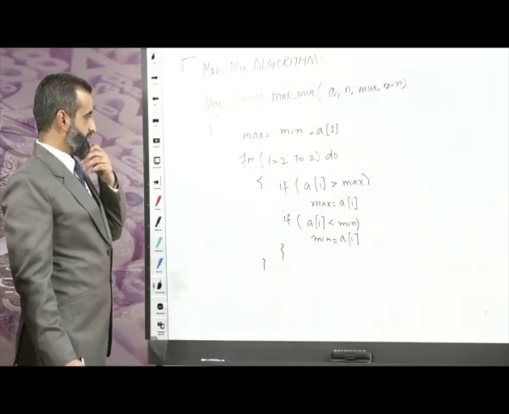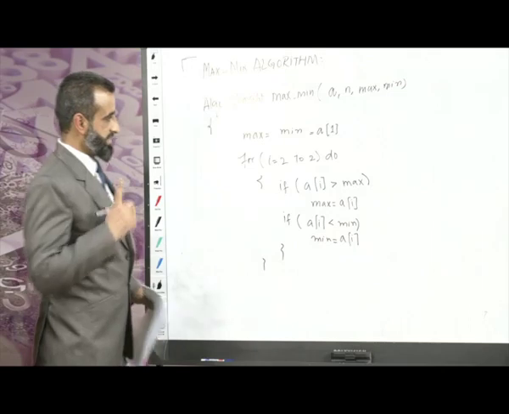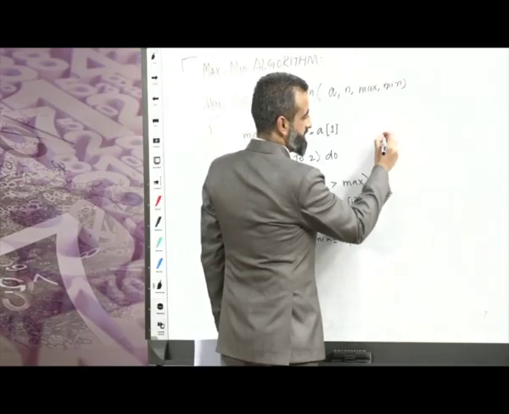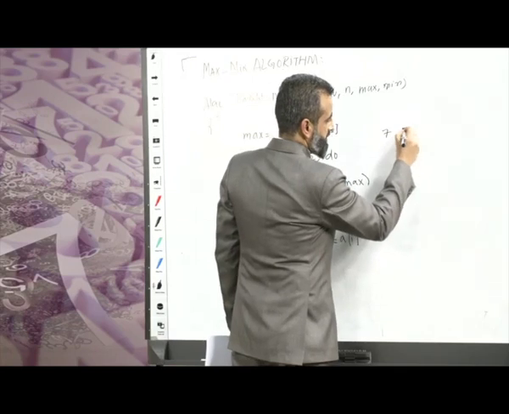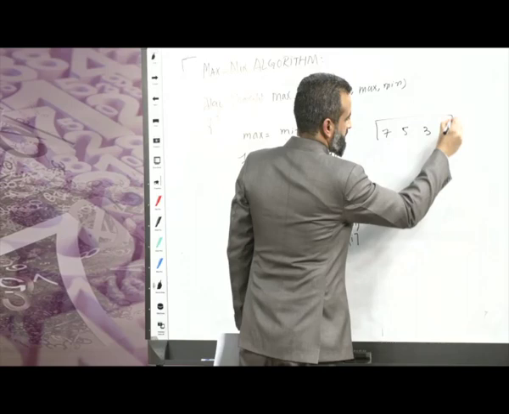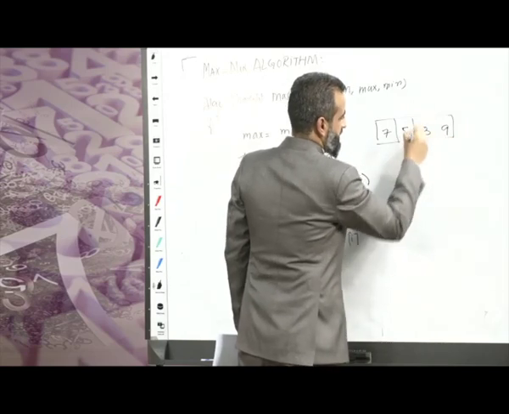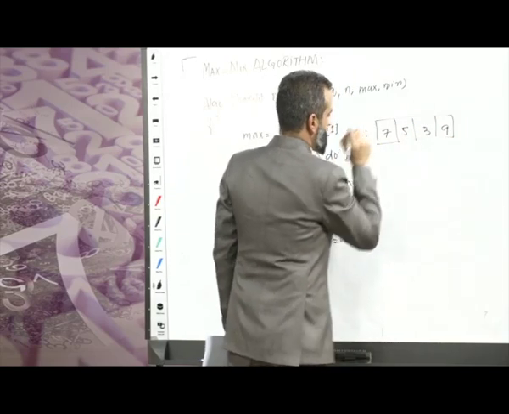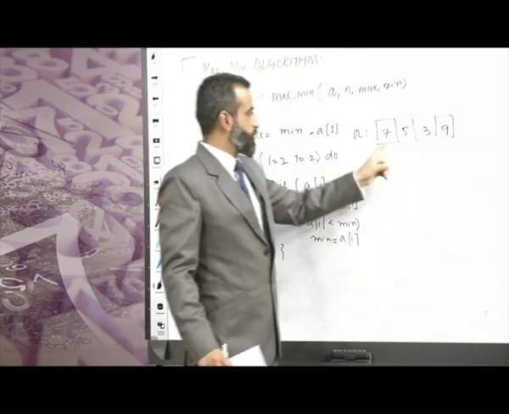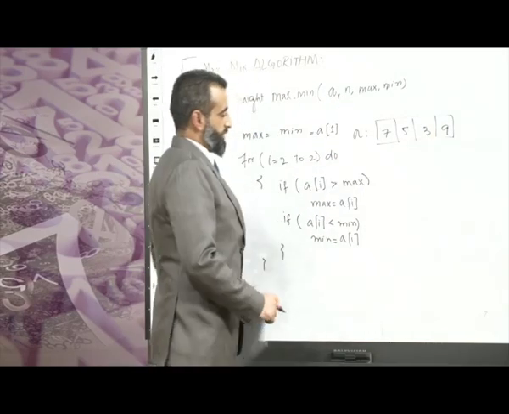Let's look at how this algorithm works with an example. Let's assume I have a set of numbers: 7, 5, 3, 9. Let's call this set of elements A, and the value of n is 4.